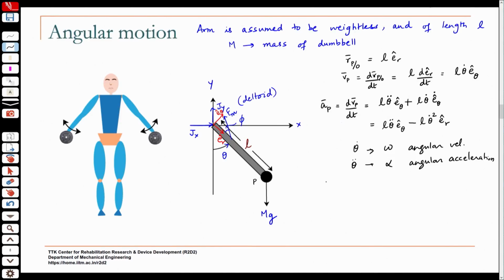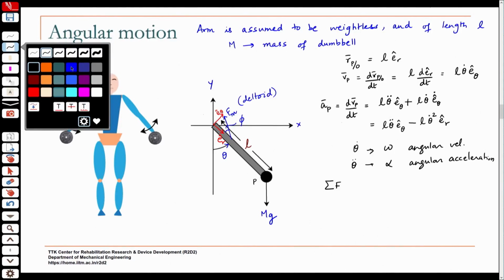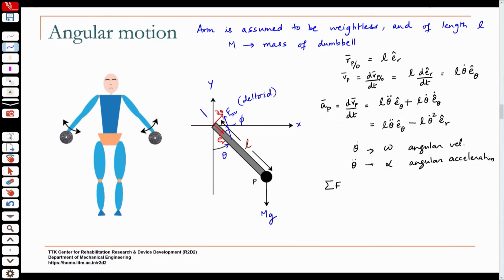Now my equations of motion are, so sigma F, instead of jx and jy, it is more meaningful for me because I am expressing in terms of E r and E theta. I will just call these reactions J r and J theta. Okay. I am taking two other orthogonal components for the joint reaction.